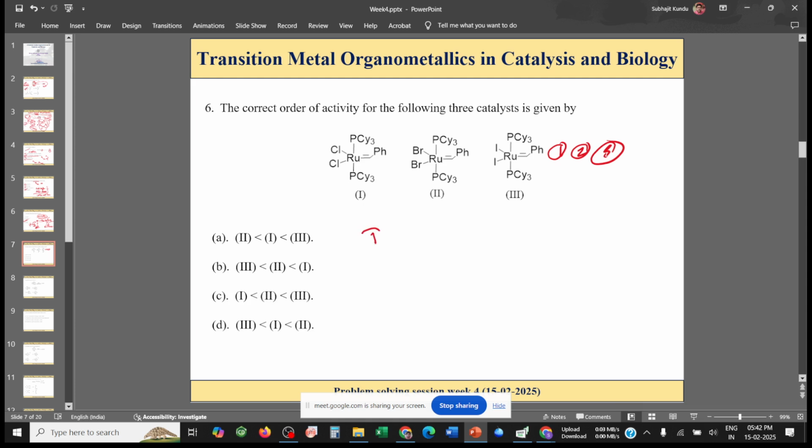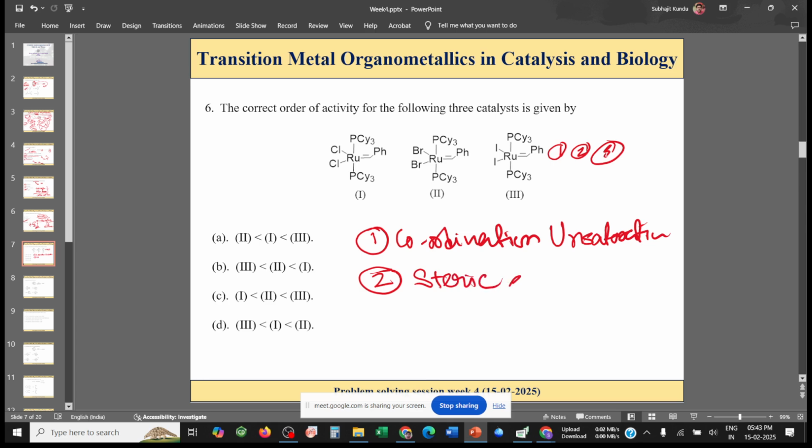One thing is coordinative unsaturation, and number 2 is steric effect.